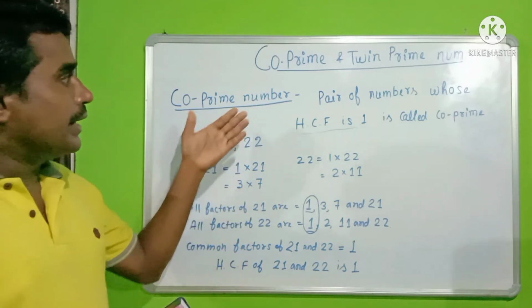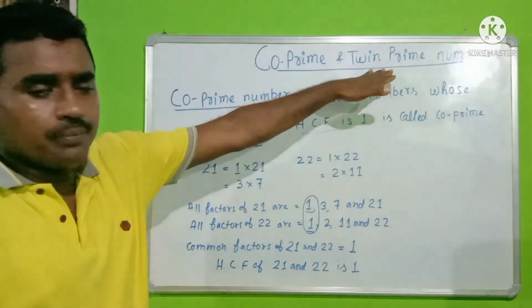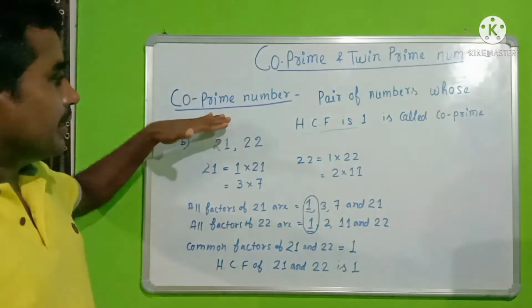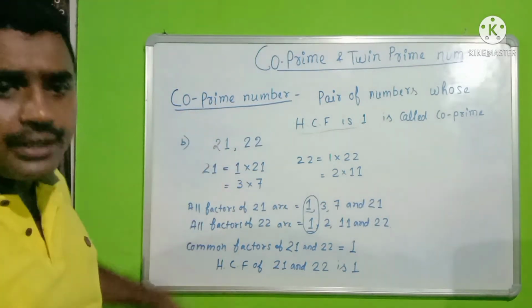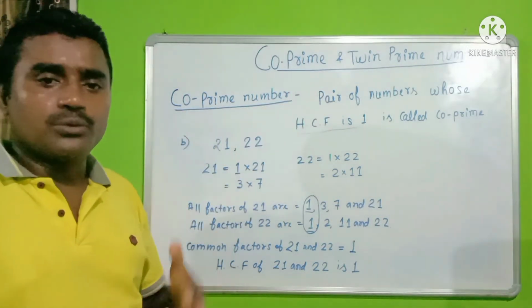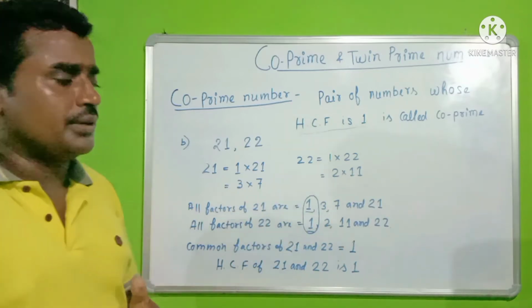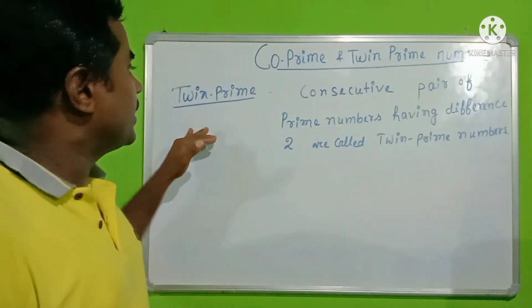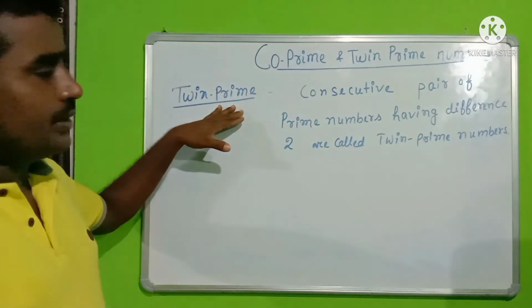So student, next our number is twin prime. First I give the definition of twin prime numbers, then we discuss which are twin prime and which are not. Okay, now student, observe twin prime number.